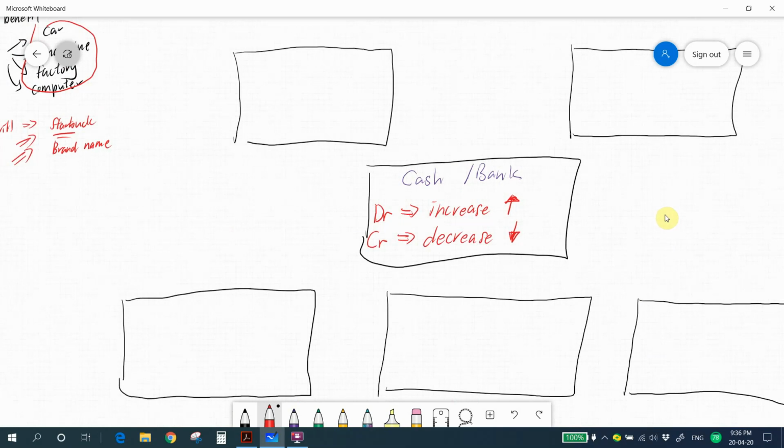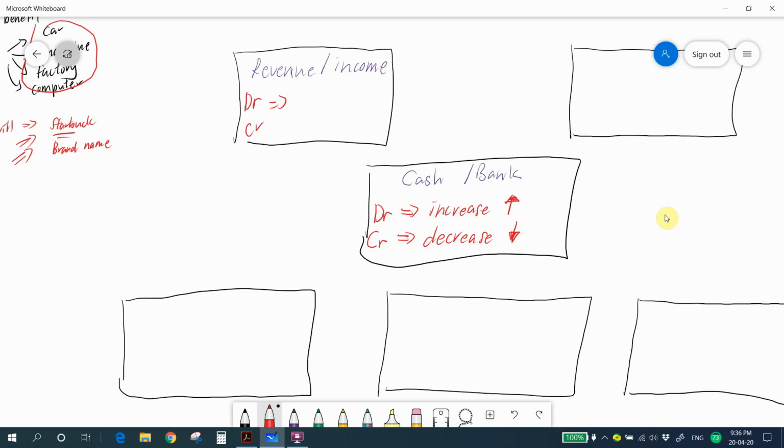Next, the next nature of account that we want to discuss is revenue and income. Revenue and income, they are same nature when we pass the accounting entry. So DR and CR.